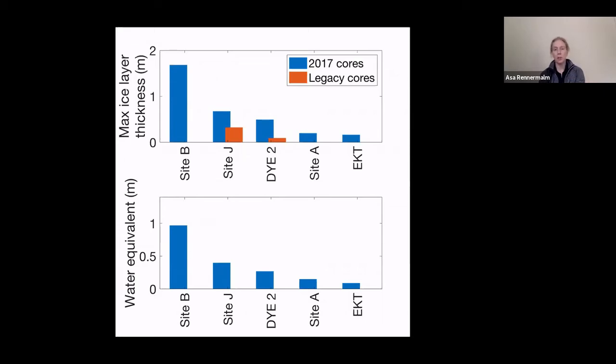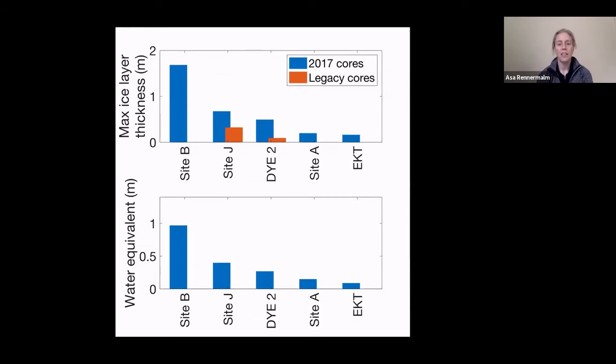Here I'm just showing the 2017 cores because it got very messy if I added the legacy cores, but you get the same idea from the other cores actually.